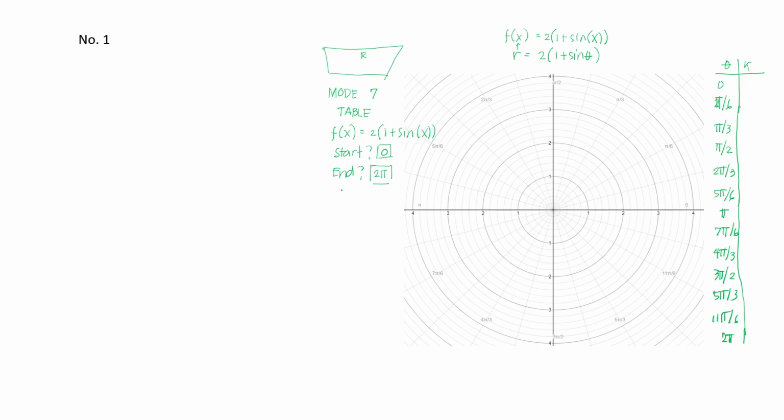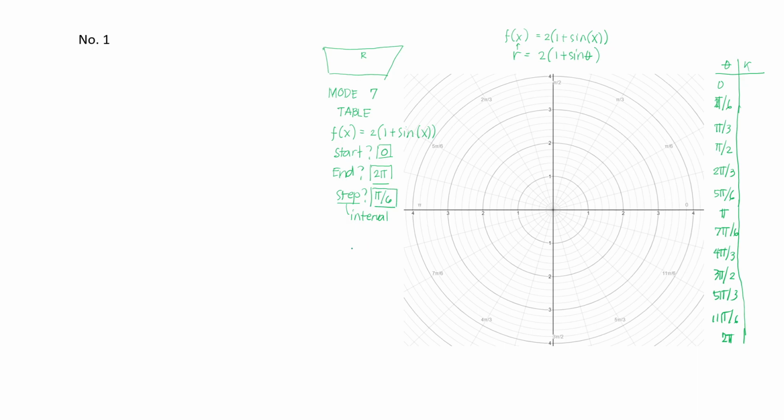After that, it would ask for a step. The step means an interval, the interval going towards the end. From start to end, what would be the interval? In our case, it's the 30-degree angle. In radian form, that would be pi over 6.